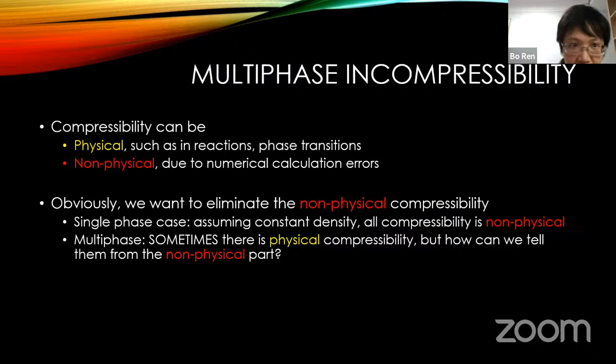Well, I think they are due to the numerical calculation errors in our solvers, whether it is the drawback of the model, or the drawback of our implementation. So such non-physical compressibility is what we want to eliminate.